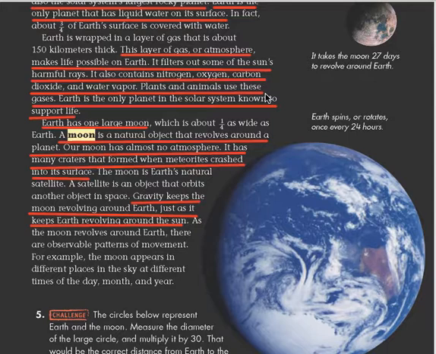Well, the moon has also no atmosphere. It has many craters. And if you remember from yesterday's lecture, craters are formed when the meteorites crash into the surface of the moon, as we find on Mercury, the planet Mercury, which has a lot of craters. Actually, what keeps the moon revolving around the Earth is the gravity.